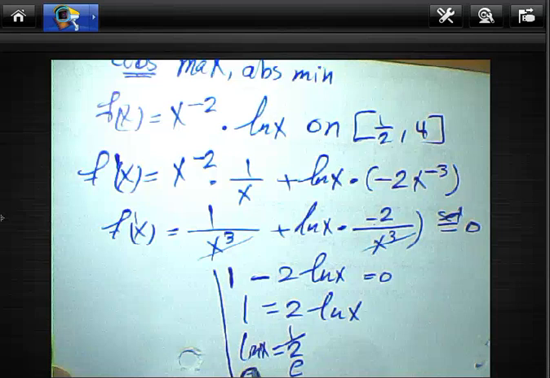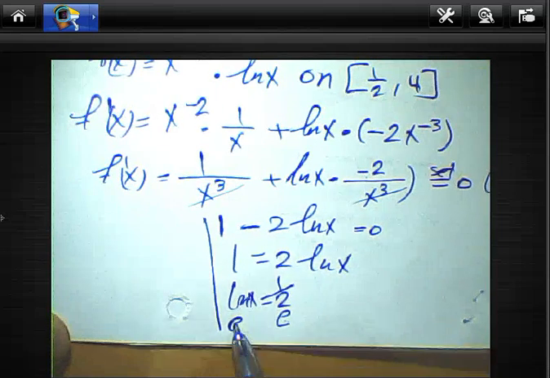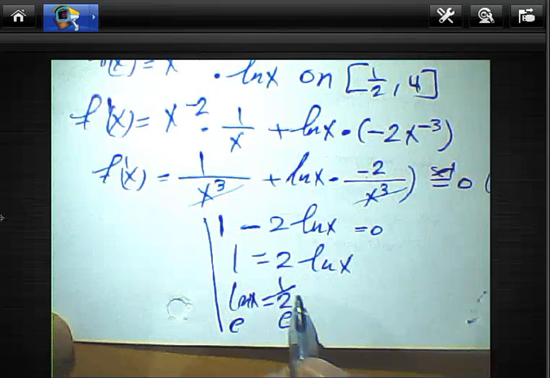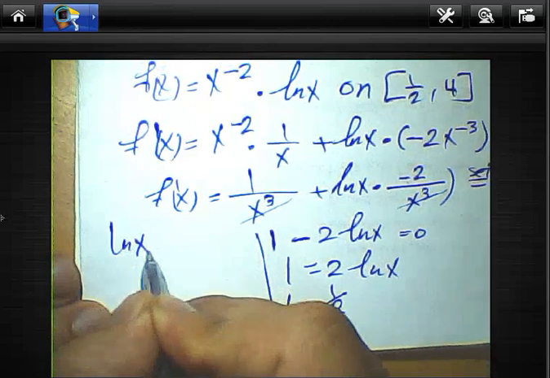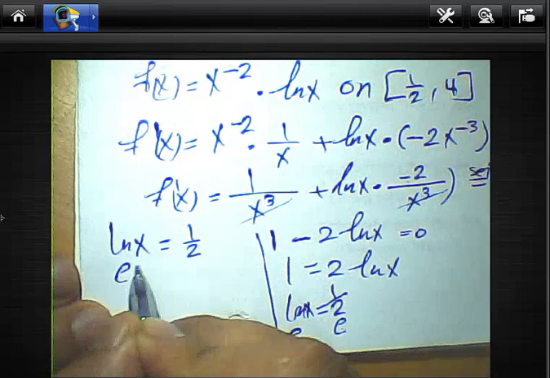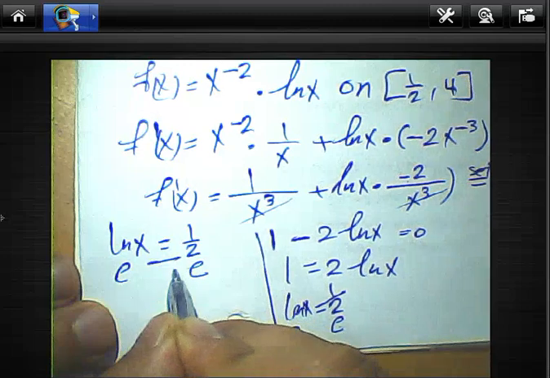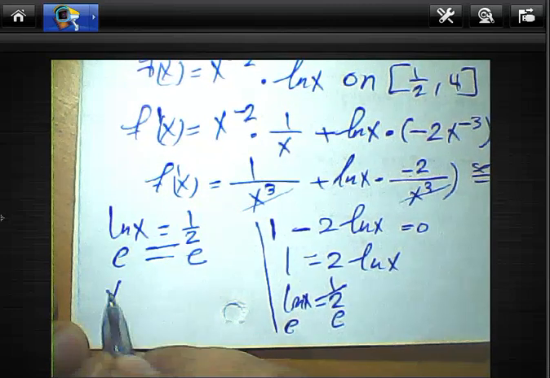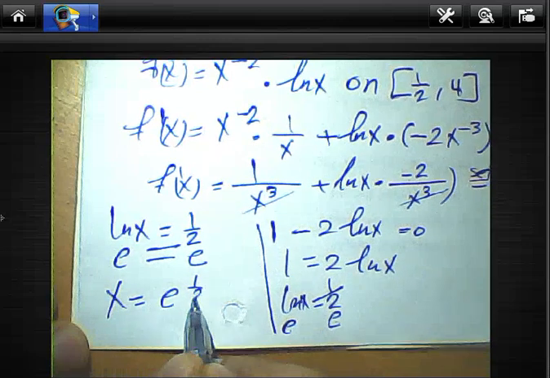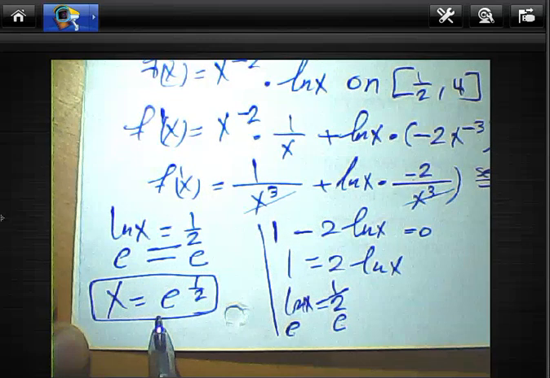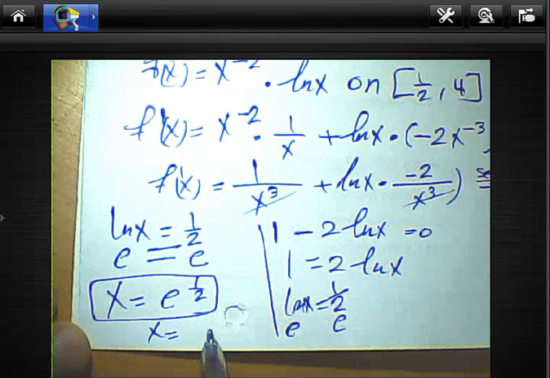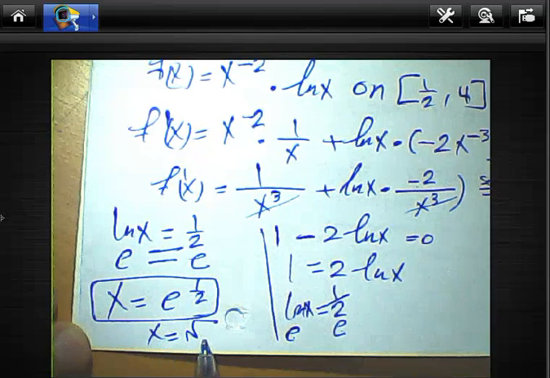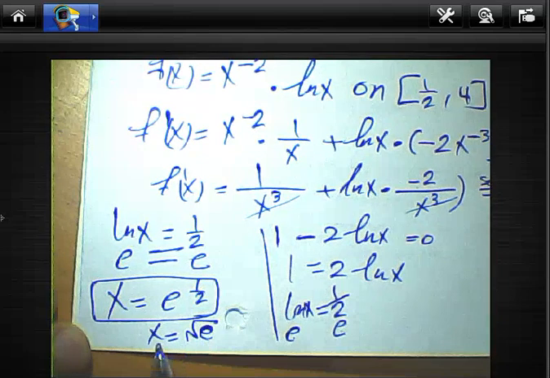Since e to the power ln of x is x, then x equals e to the power half. It's the critical number, so the critical number is x equals e to the power half, which we can write in another form as the square root of e.